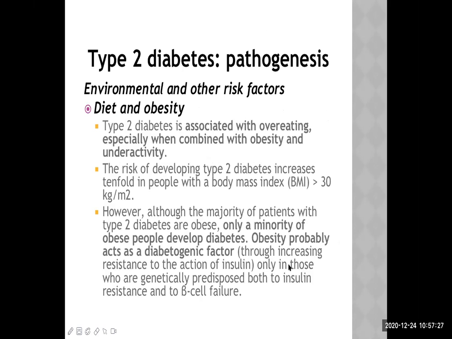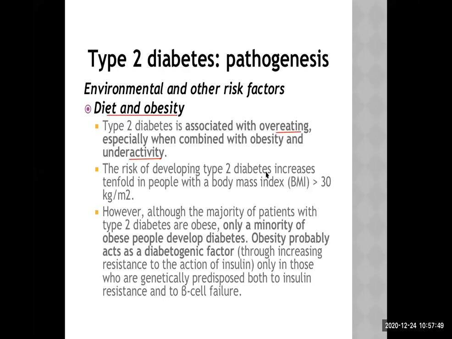Now, what about diet and obesity? What is the role of this in type 2 diabetes? Type 2 diabetes is associated with overeating, especially when combined with obesity and underactivity.